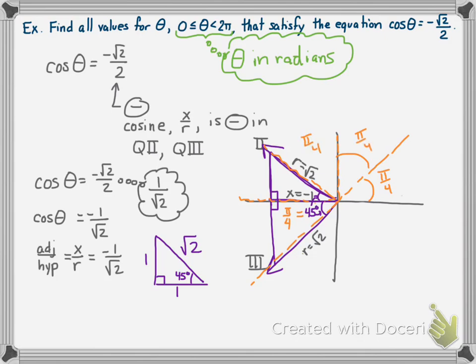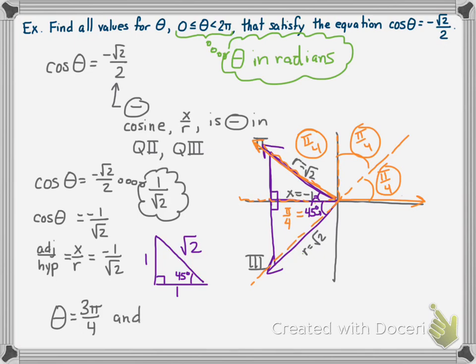And so to get to our first angle, the angle in quadrant 2, I have 1, 2, 3 of these pi over 4s. So our first value for theta is going to be theta equals 3 pi over 4.